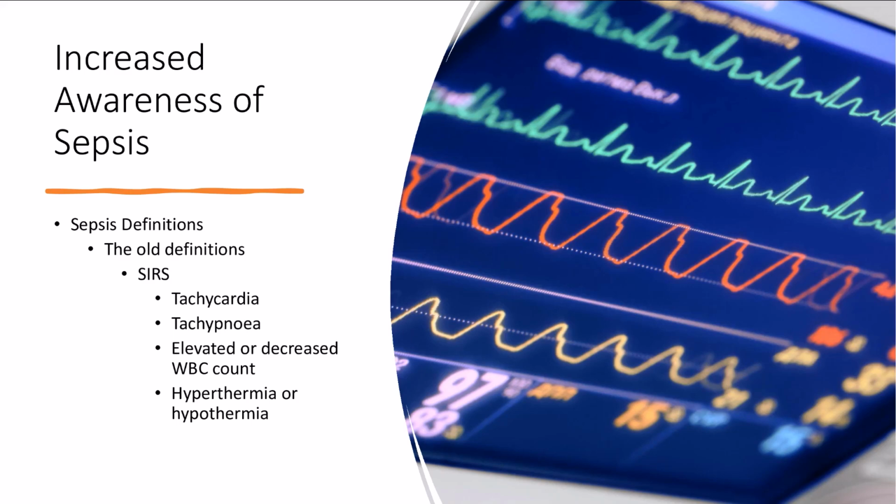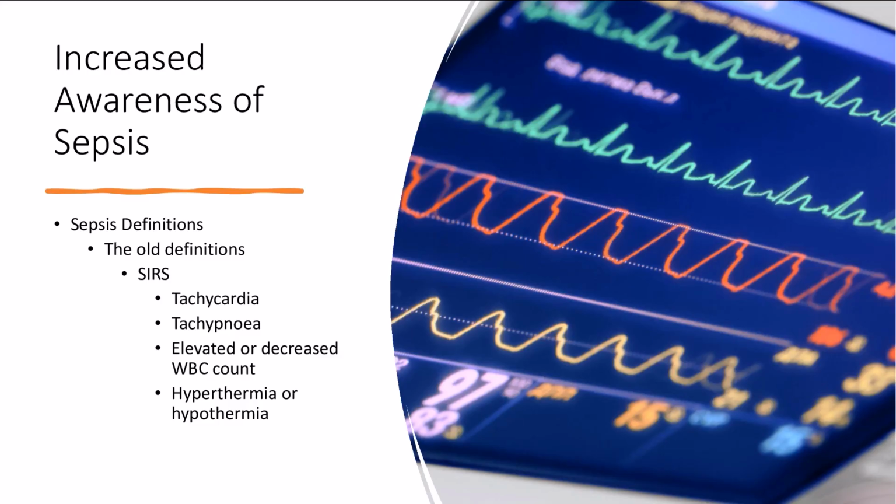So I'm thinking automatically of a cat that's not that happy being brought to the vet clinic that maybe has something reasonably minor, like a cat bite abscess, for example. It might have tachycardia, and it might have an elevated white cell count, or it might have hyperthermia.